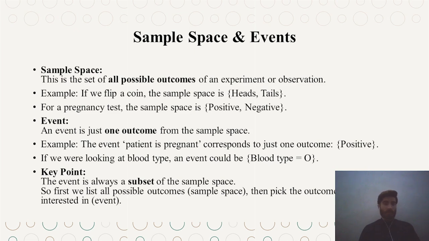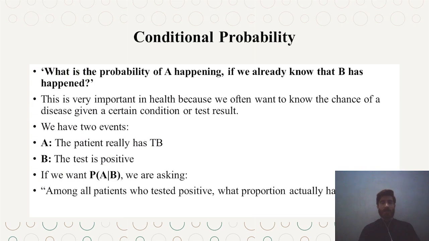Now coming to event, the event is always a subset of sample space. It is just one outcome of a sample space. For example, from the coin example, the event may be head or tail, and from the pregnancy test, the event may be positive or negative. So these are sample space and events.